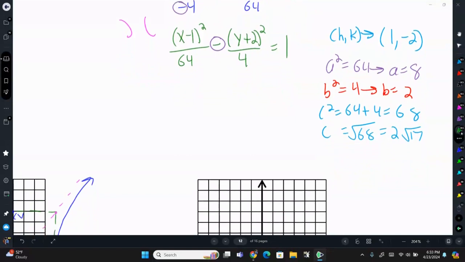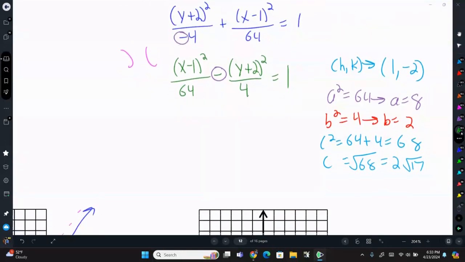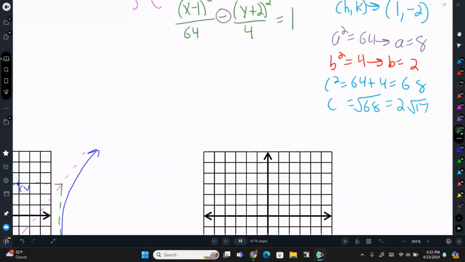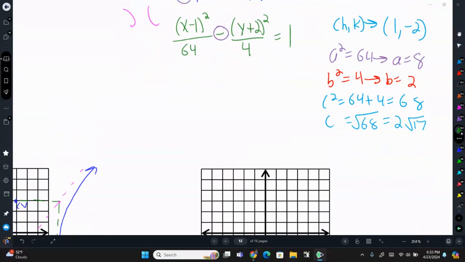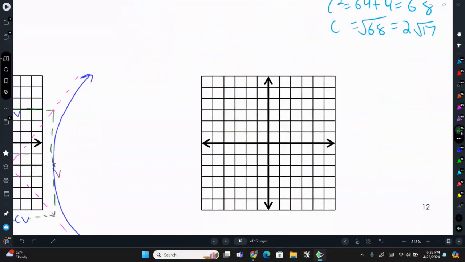So let's go ahead and start plotting these. So our center is at 1 comma negative 2. Now I know my a value is 8, so I'm going to have to go left and right 8 units, which is going to go off the graph in all directions. So I'm going to go up by 2s.